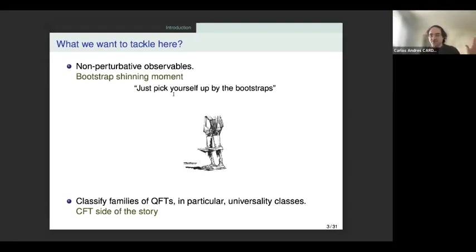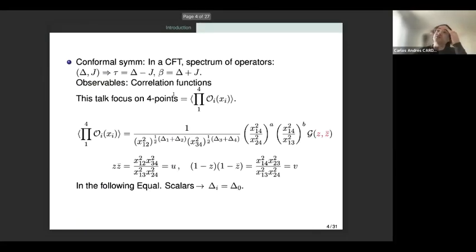So there are two very different phenomena that are related because some observables are the same, in the sense that they have the same numerical values. In this case, the critical exponents have the same numerical value. So that's kind of a mystery in many situations. And we are going to try to use the bootstrap to tackle this classification. So we put these two ideas together and we have the conformal bootstrap.